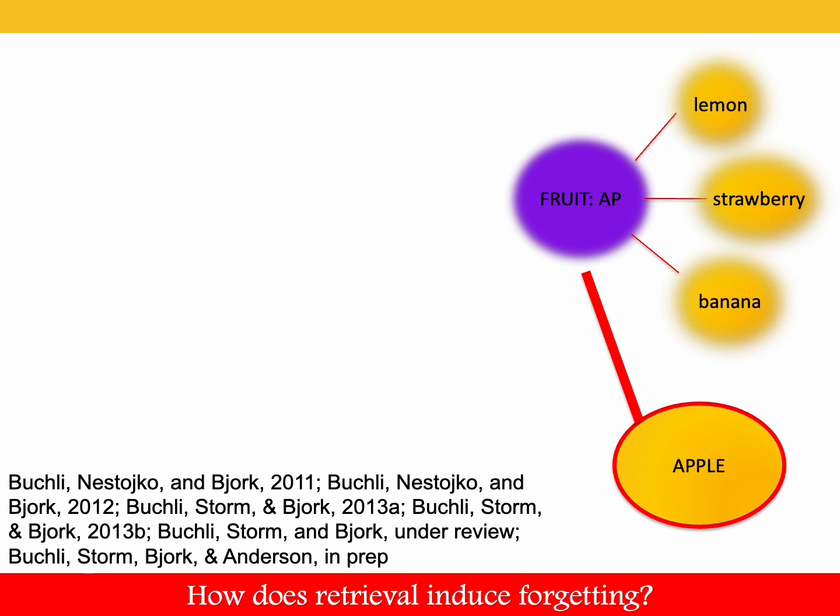This is a theory known as the retrieval inhibition theory, or the retrieval inhibition hypothesis. It says that there's something known as motivated or goal-directed forgetting.